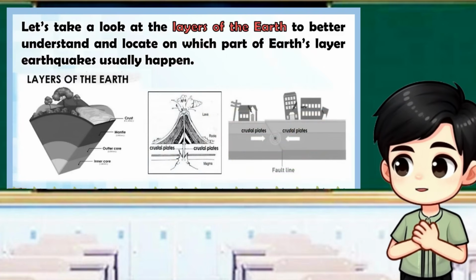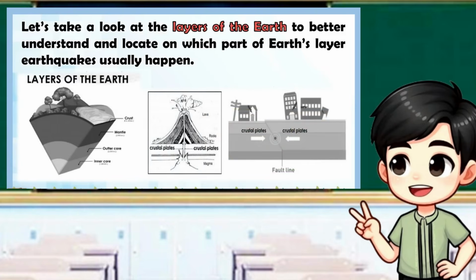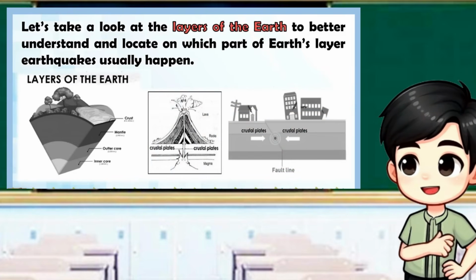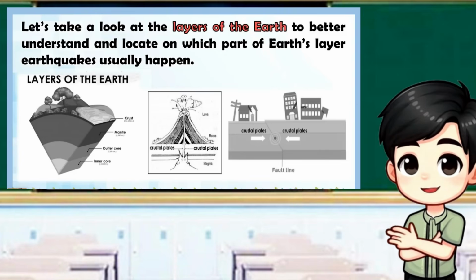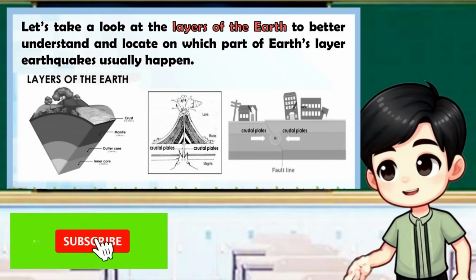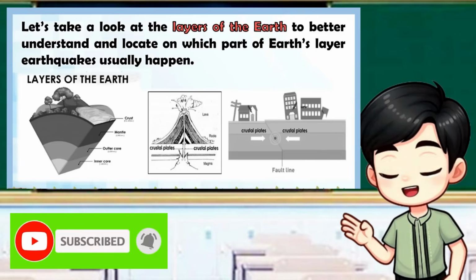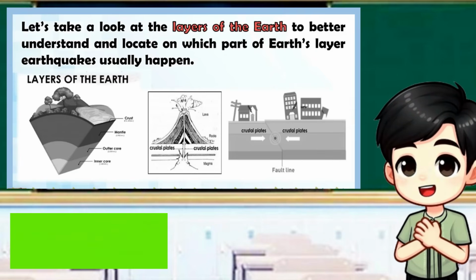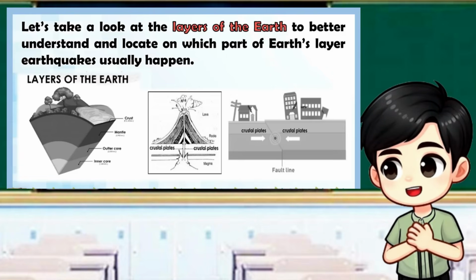As you can see in the second picture, the crustal plates are from the crust, or the first layer of the Earth. Then the magma is in the inner core. So the crust is the first layer of the Earth where earthquakes happen. When earthquakes happen from the crustal plates, they create a fault line, as you can see in the third picture.